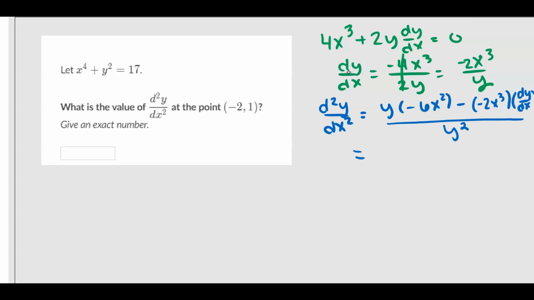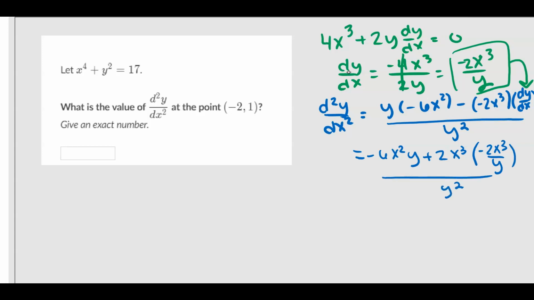And then this is where you have to remember the little trick. This plugs in for dy dx. So you get negative 6x squared y plus 2x cubed times negative 2x cubed over y, all over y squared.